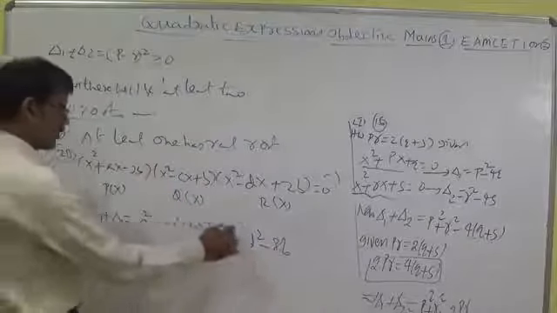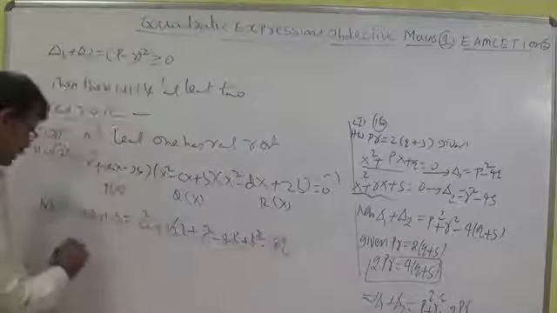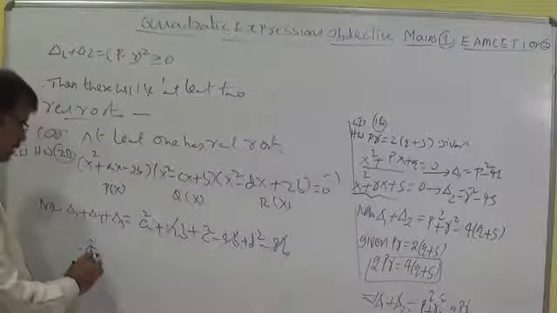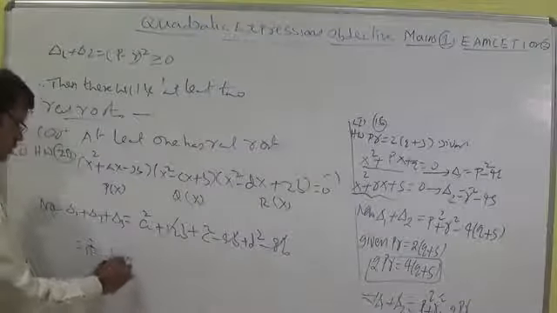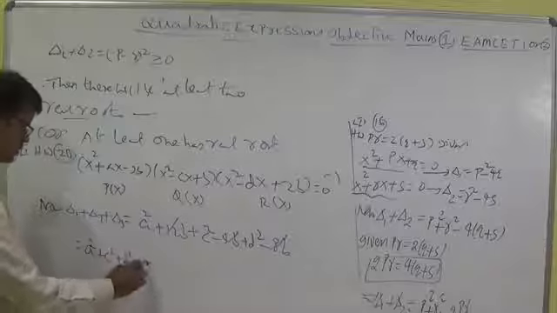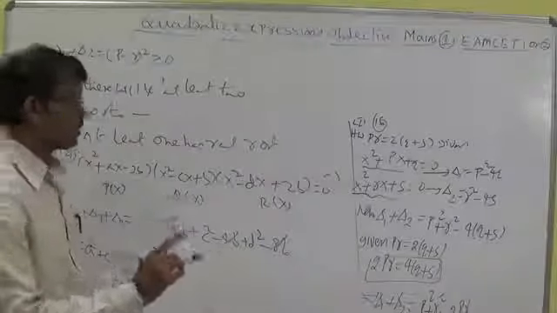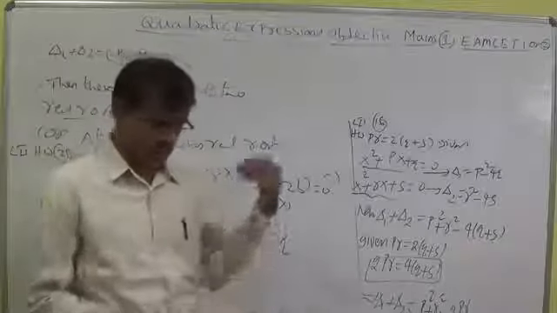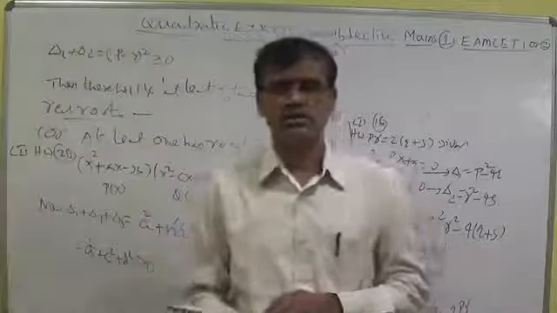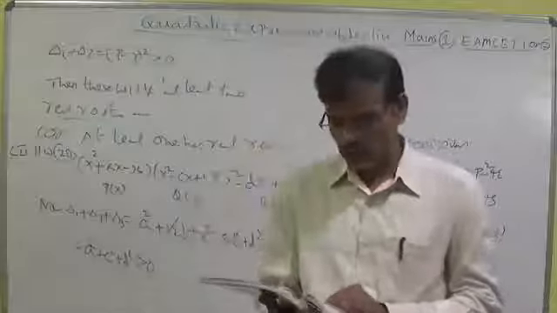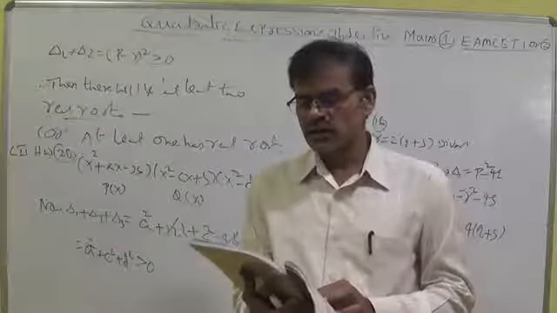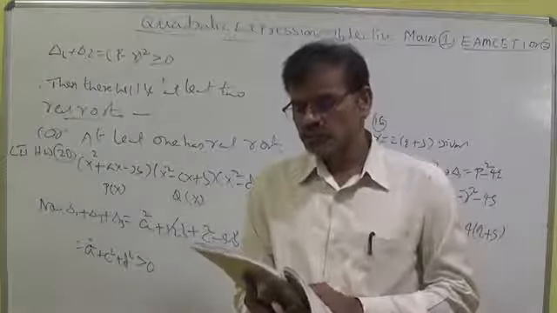Here 12b minus 4b minus 8b will get cancelled. We get a square plus c square plus d square, which is compulsorily greater than 0. In a similar way, delta 1 plus delta 2 plus delta 3 is greater than 0, so we can say that there are at least 2 real roots.